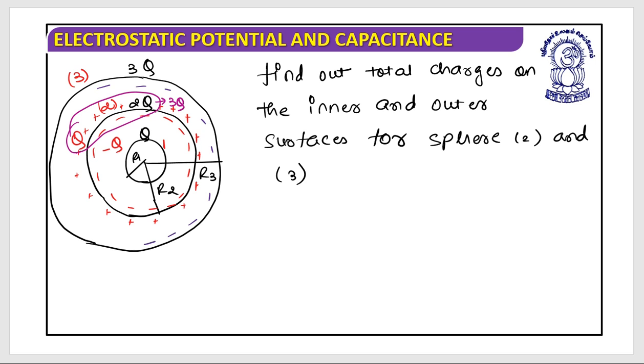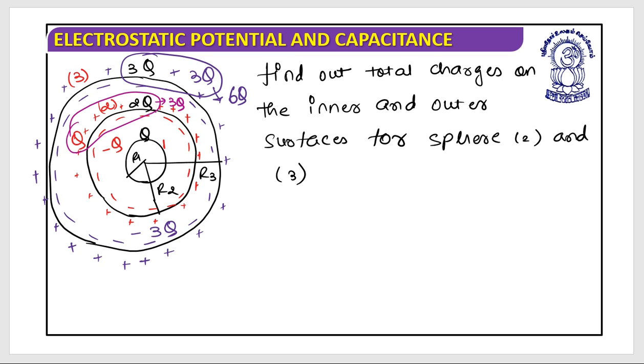But what would be the value of it? Yes, the total charge is 3q. That means a total charge of minus 3q will be induced over here. And on the outside, a positive charge will be induced. I hope these things are clear to you. And that positive charge will be of 3q. So the total charge on the outer surface will be 6q. Is it clear?